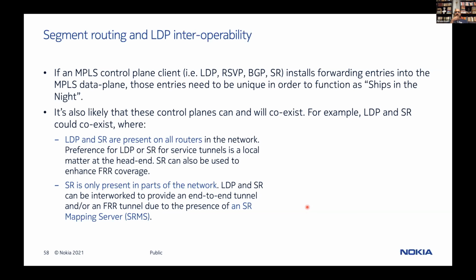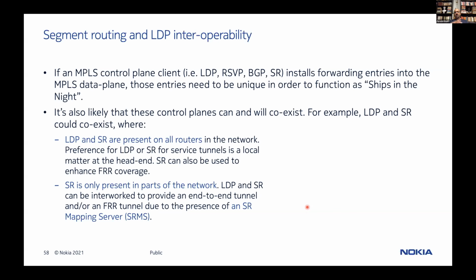So it's pretty clear that when you're sharing this infrastructure, they must work together, so that the same label is not assigned by multiple clients of that router's MPLS label table. That happens pretty much automatically, but it's important because it needs to be there in order to function as ships in the night.